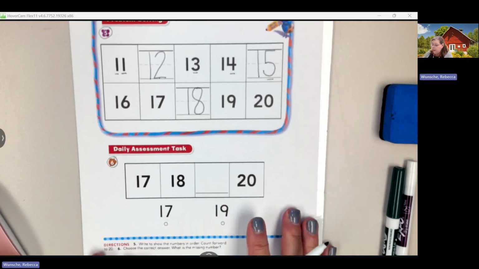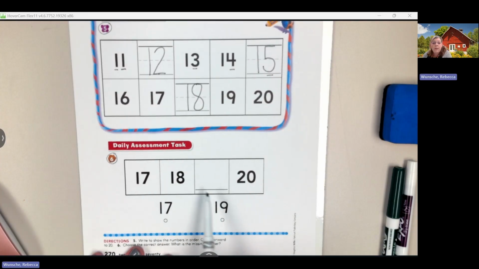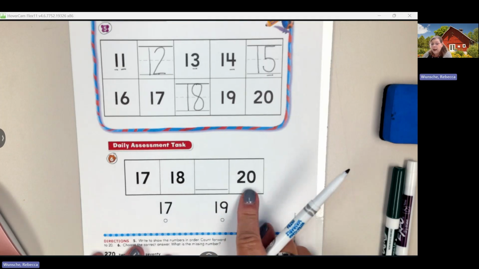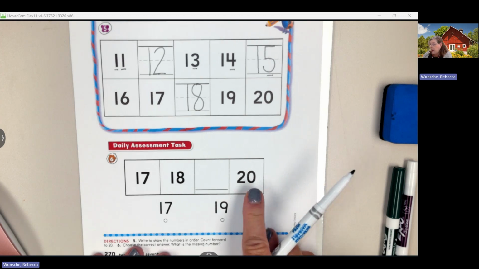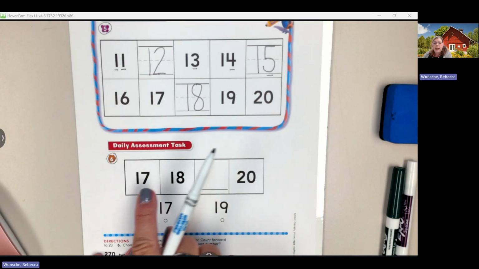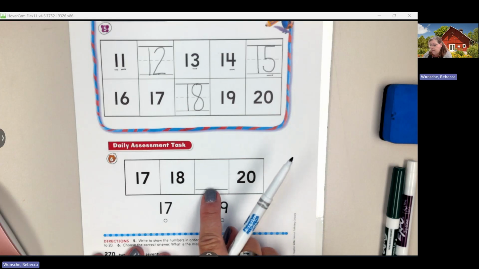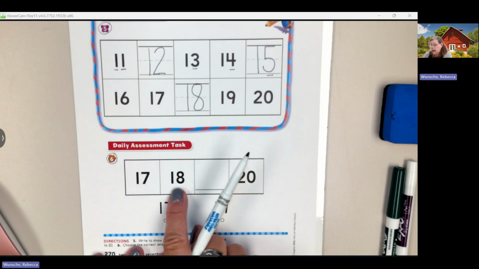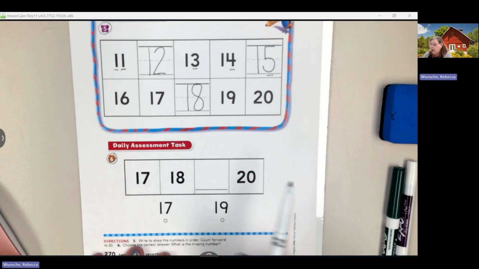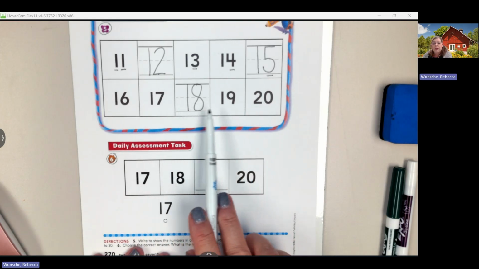All right, let's look at the bottom. This one asks us about the missing number, but this time we're not going to count on, we're going to count back. So we're going to start with the 20 and we're going to count back. So we have 20, missing, 18, 17. Look, we could use our number chart that's up at the top.